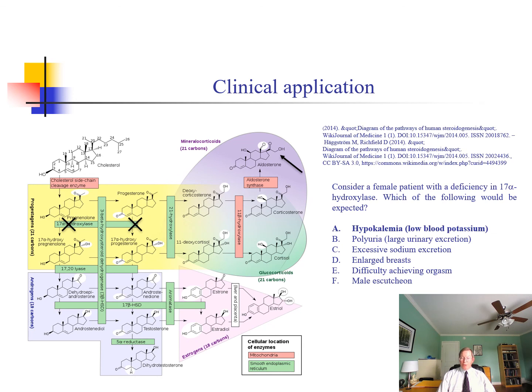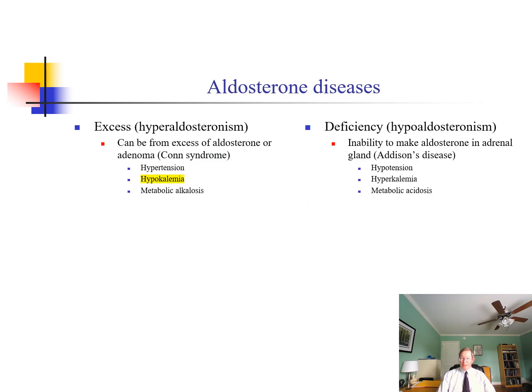And so if you block that 17-alpha-hydroxylase because you have a deficiency of it, then the only pathway available to you is going to make aldosterone. Aldosterone is going to be made in excess, whereas other hormones are going to be deficient. And aldosterone excess will lead to hypokalemia, as we've talked about before.